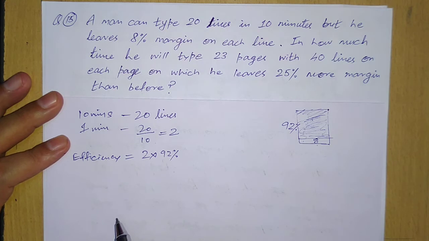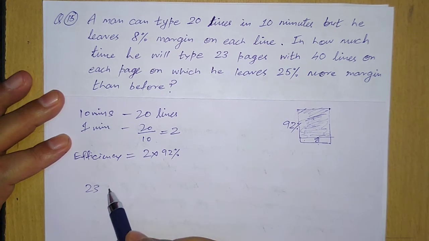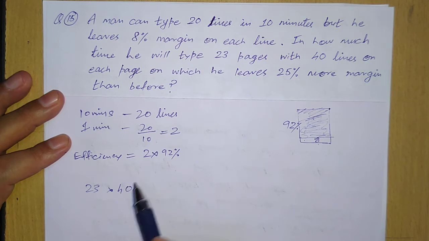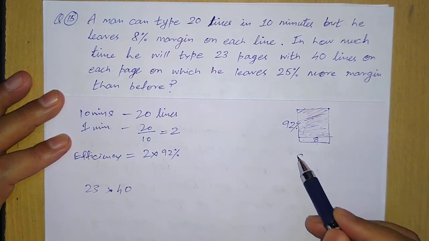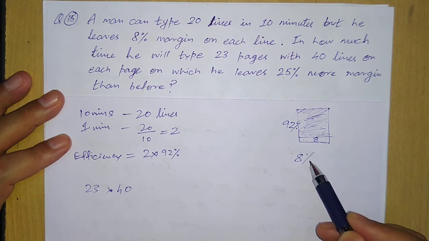Alright, now in this question we need to find out in how much time he will type 23 pages. He will type 23 pages with 40 lines on each page, on which he leaves 25% more margin than before. So earlier he was leaving 8% margin.